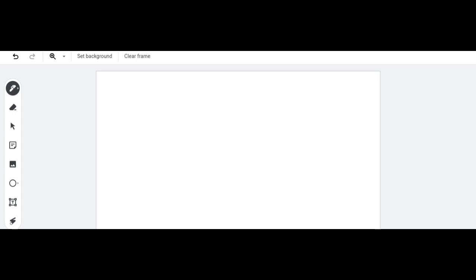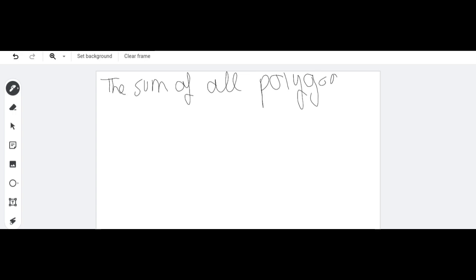Now we have to write the answer. The sum of all the exterior angles of a polygon is 360.